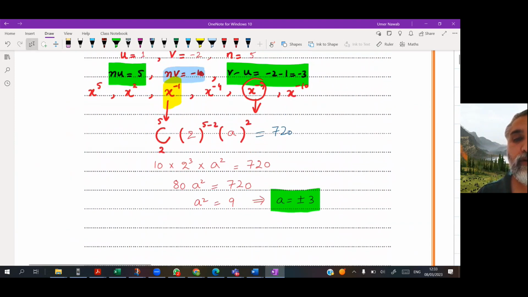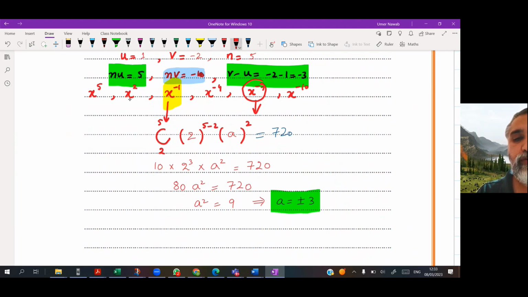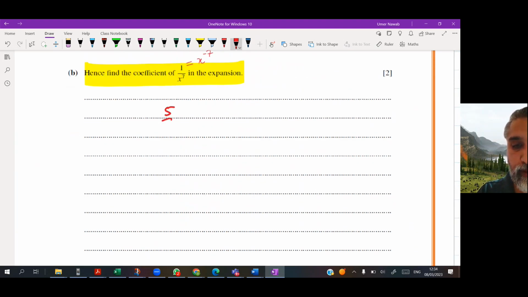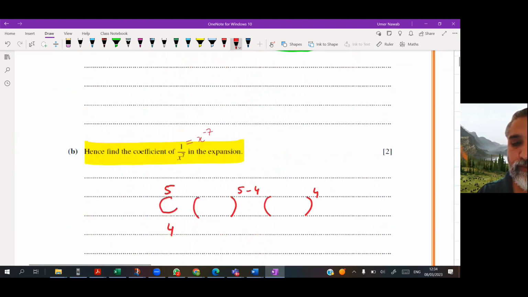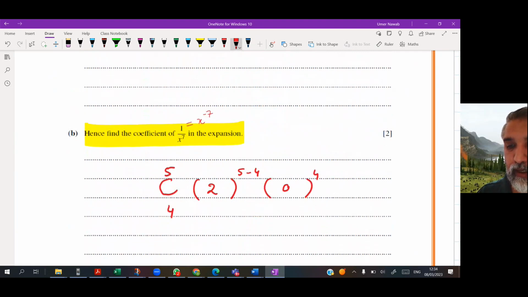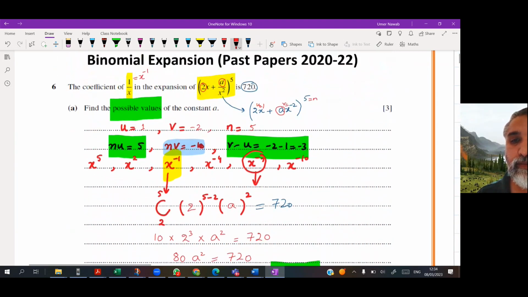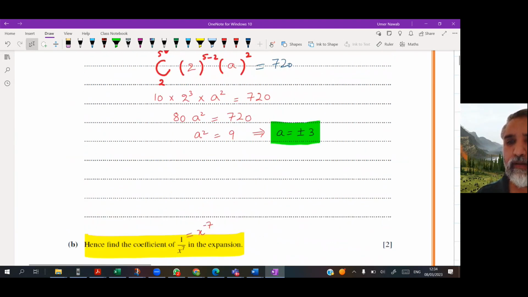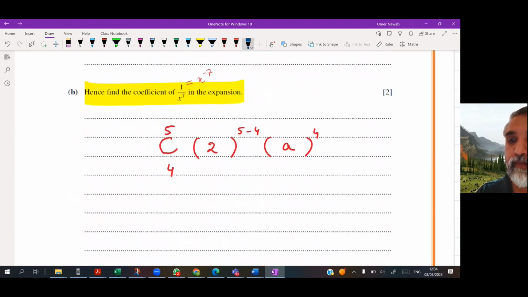We can easily do that. So 5C0, 5C1, 5C2, 5C3, 5C4. So 5C4, 5 minus 4, and here is 4. I'm going to write here 2 and a. Clear? The value of a has already been found by us, which is plus minus 3.